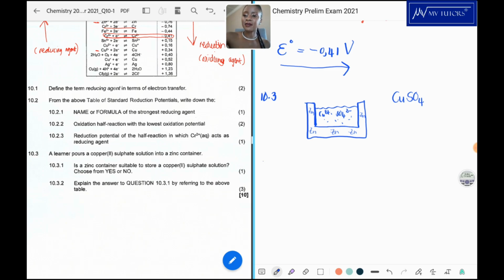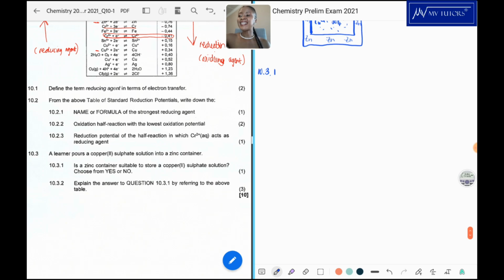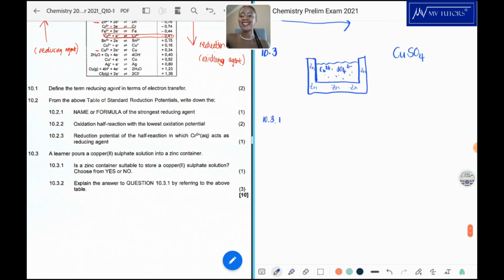Now they ask in 10.3.1, is a zinc container suitable to store a copper 2 sulfate solution? Is it suitable? I don't think it is, guys. No, I don't think zinc is suitable.